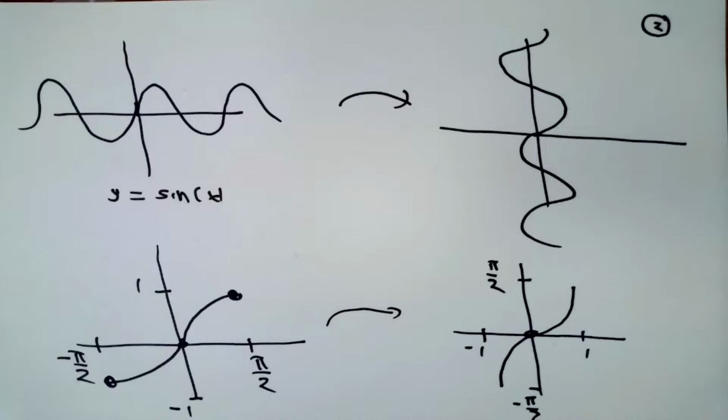That means when I flip it over, the picture would fail the vertical line test. So we restrict our attention to x's that lie between negative pi over 2 and positive pi over 2 inclusive. When we flip this over by interchanging x and y, I now have the graph of a function. This is the arcsine function.